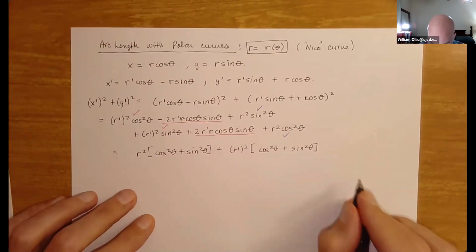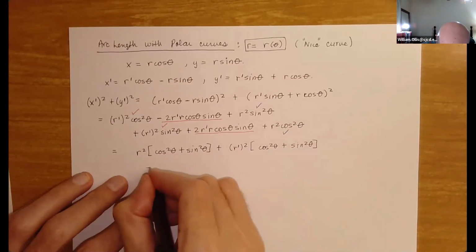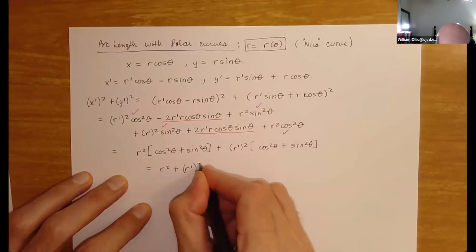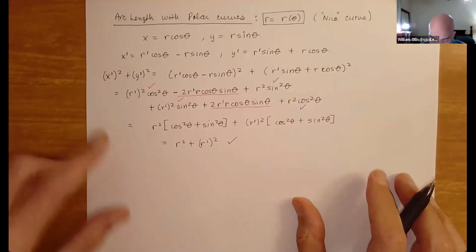Now when you look at this, these are both 1. So we get r squared plus r prime squared. So that gives us the radicand.